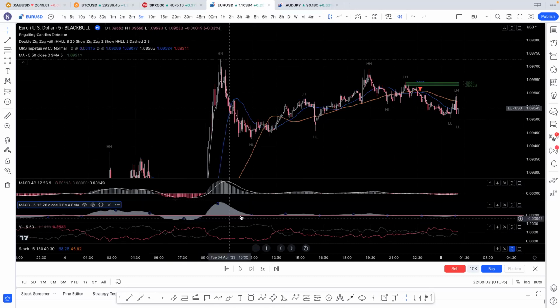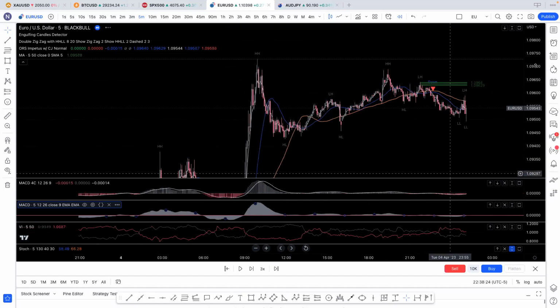So hopefully that makes sense. My analysis time frame is done on the 5-minute, and that's what I have my oscillators set at. And for my entry time frame, I'm just going to be using the regular chart time frame. That's how I'll be using those. Hopefully that makes sense when I look back at this later.